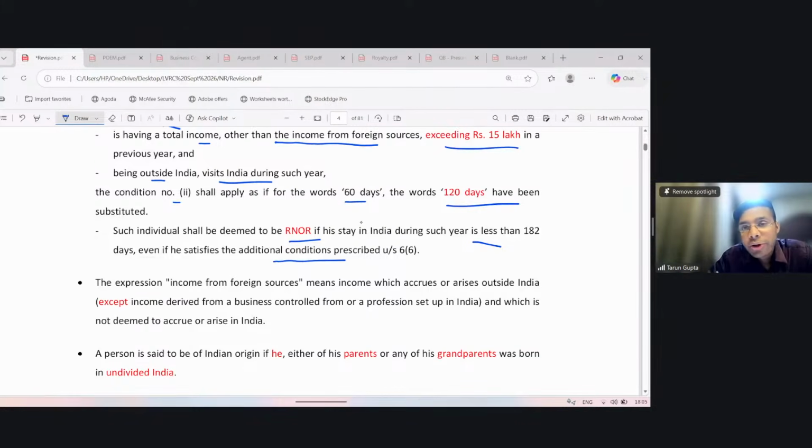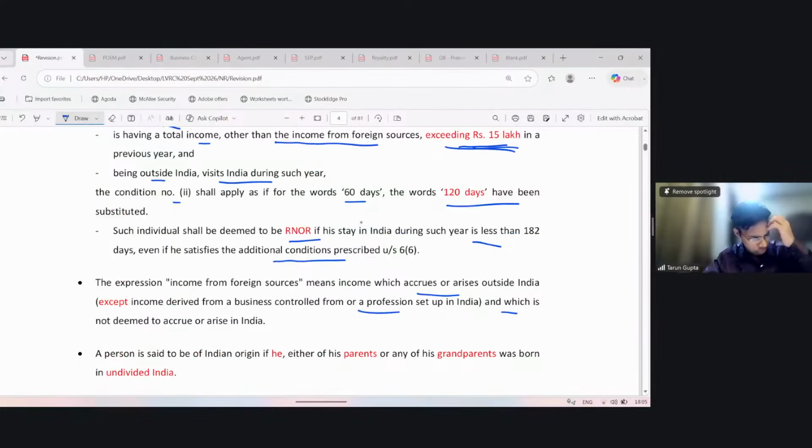Now, for this 15 lakh, we have to see the total income other than income from foreign sources. Income from foreign sources means income which accrues or arises outside India, except income from a business controlled from or a profession set up in India and which is not deemed to accrue or arise in India.